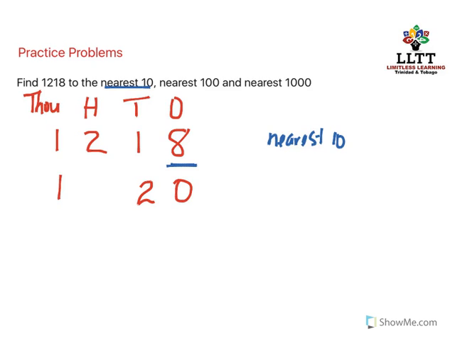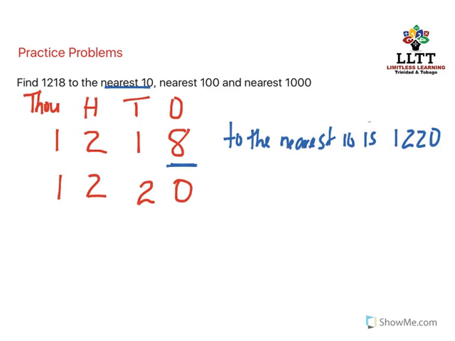And then we're going to just write the remaining thousands and hundreds. So 1,218 to the nearest 10 is 1,220.